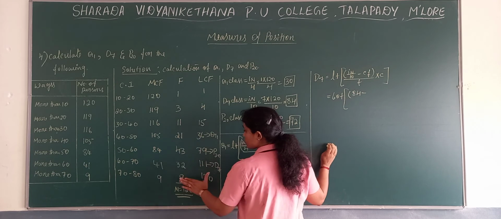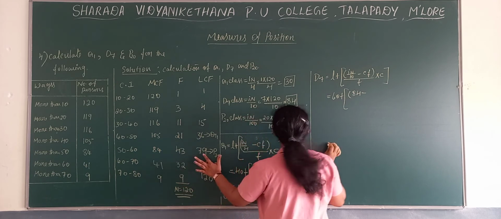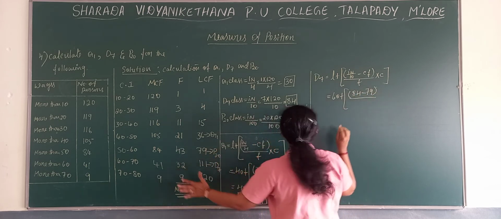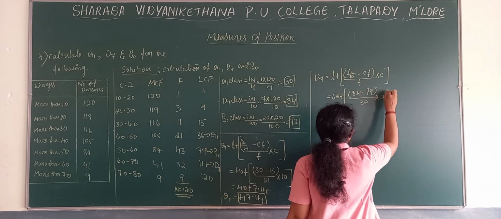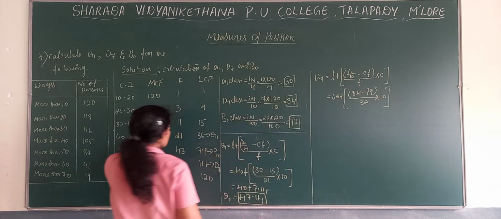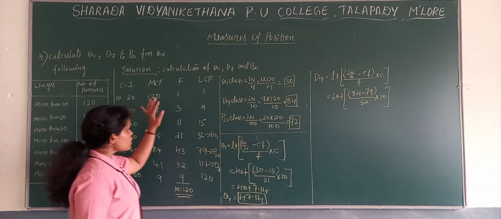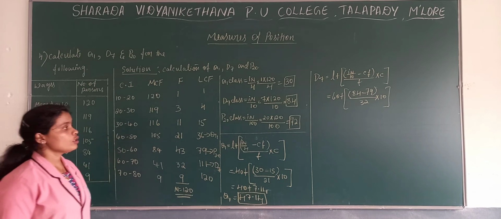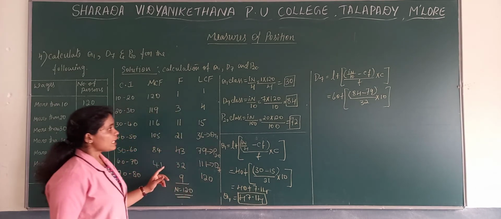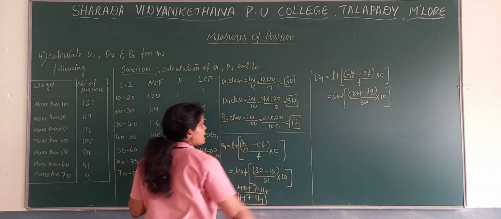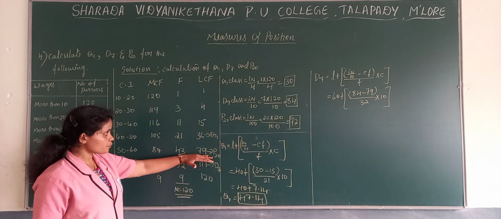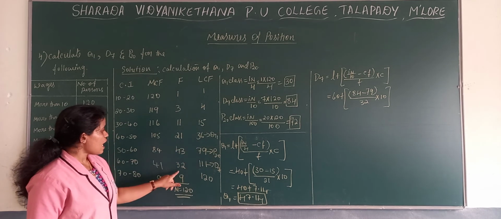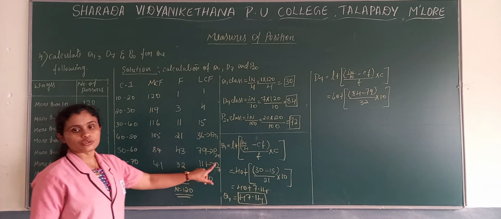See the class, this is the class, preceding cumulative frequency 79, frequency 32 into 10. Don't get confused, we don't require MCF for this calculation. MCF is given in the problem, so don't get confused. We require the frequency, LCF and lower limit, so 32 there. 84, correct, it is 84. Preceding is 79 and frequency is 32 into 10.